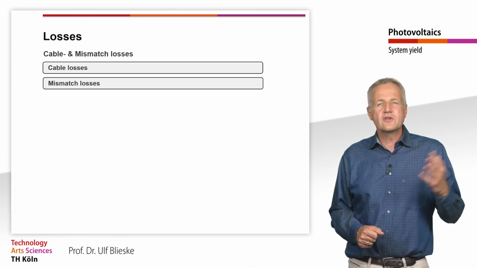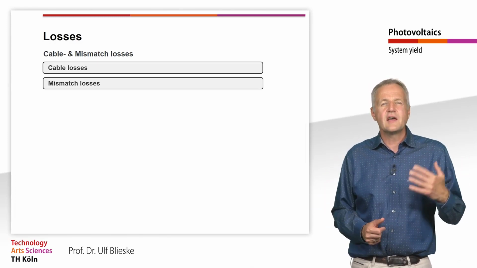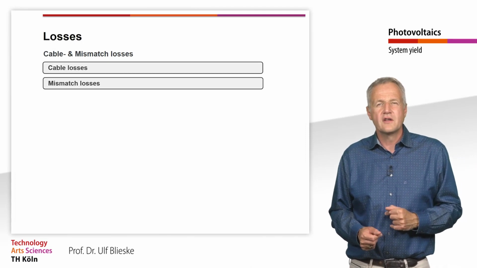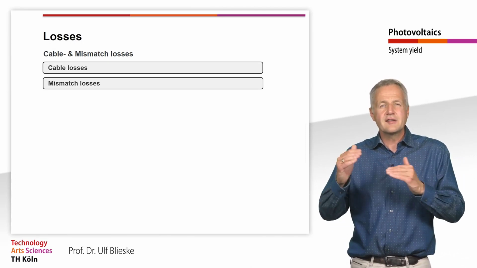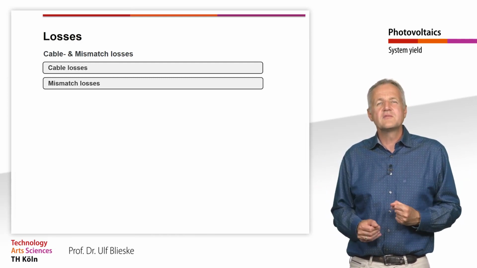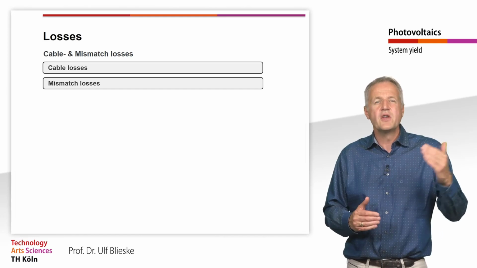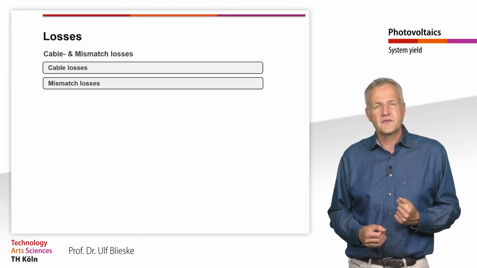However, with good planning or clever sorting of the modules during installation, they amount to only 1%. For this, the currents in the MPP should vary as little as possible within a string. However, the mismatch losses can increase over time due to the different aging of the individual modules.